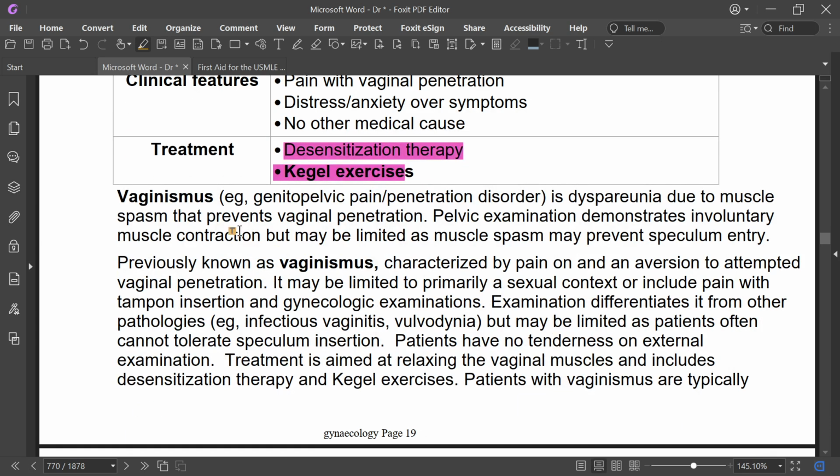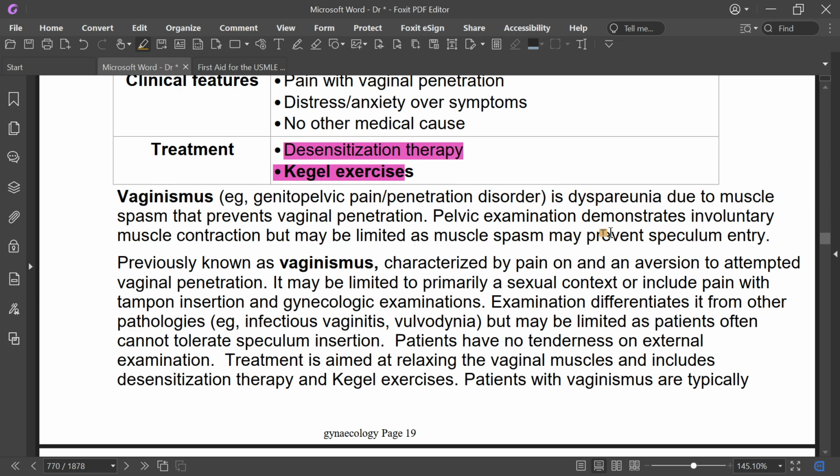Vaginismus, a genitopelvic pain or penetration disorder, is dyspareunia due to muscle spasm that prevents vaginal penetration.